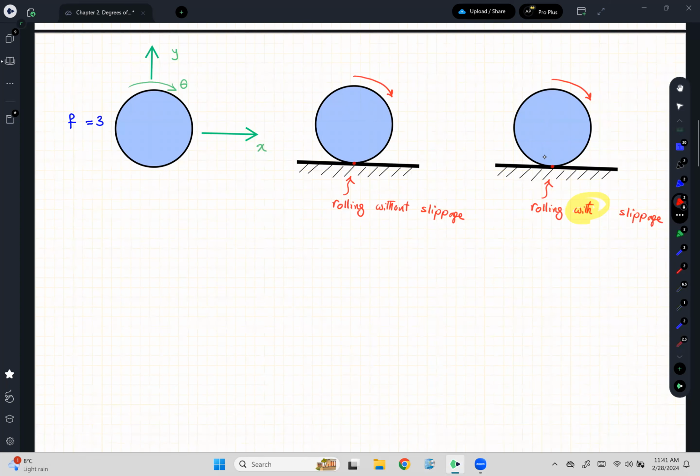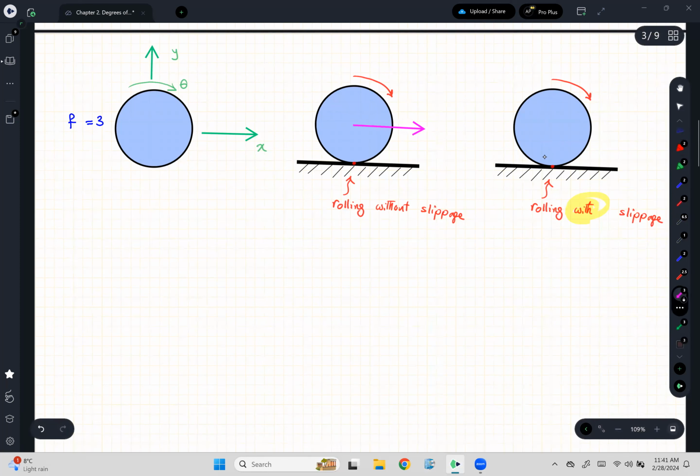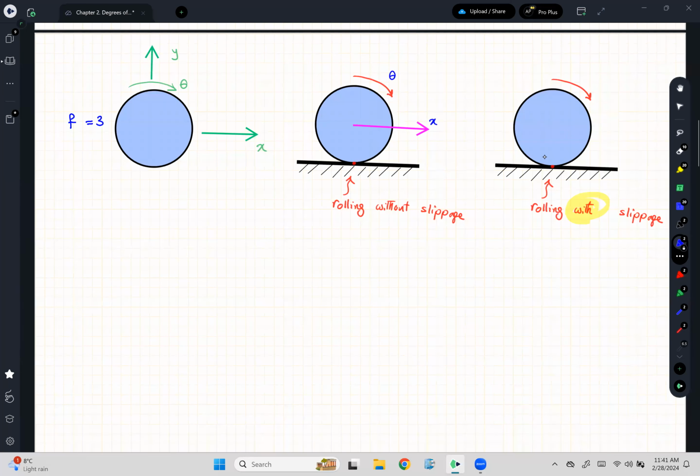Scenario number 1, and again, we'll come back and discuss it later. When it rolls, if it has a motion, let's say X there. Let's call this one X, and this rotation theta. Later, we'll come back and we prove it actually. These X and theta, they are related. X actually is always equal to R theta.